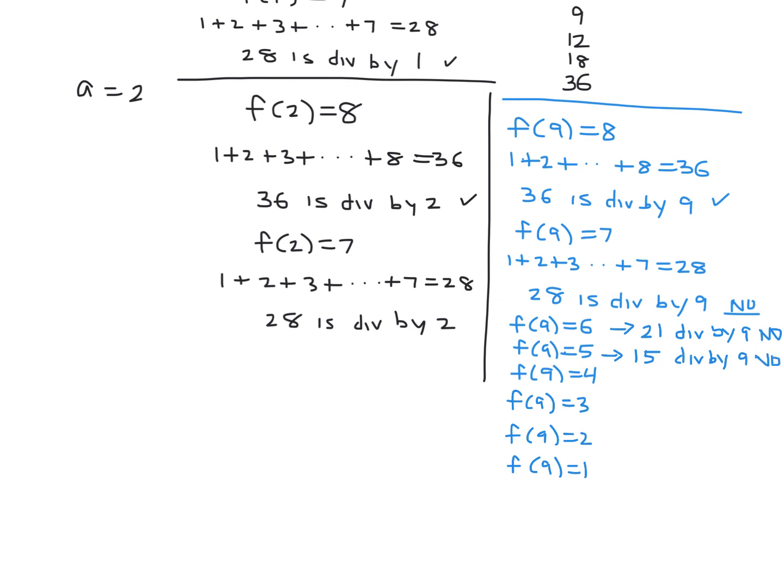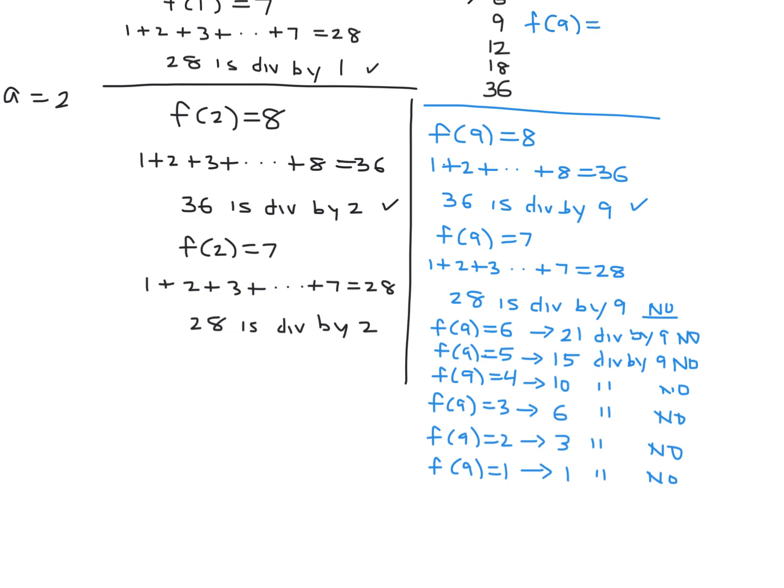No. Okay. This one, 1 plus 2 plus 3 plus 4, which is 10. Is it divisible by 9? No. This one is 6. Is it divisible by 9? No. This is 1 plus 2, which is 3. Is it divisible by 9? No. And this is just 1. Is 1 divisible by 9? No. Okay. So we exhausted everything.